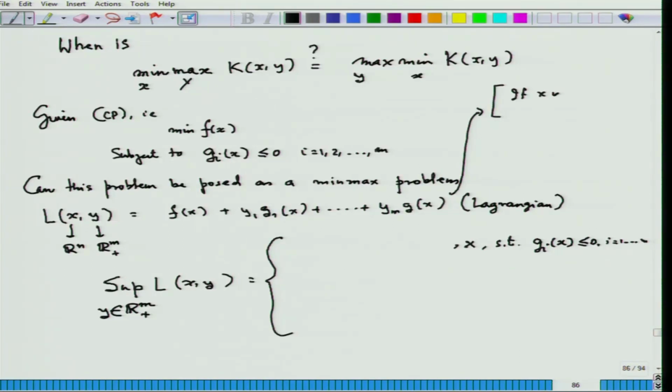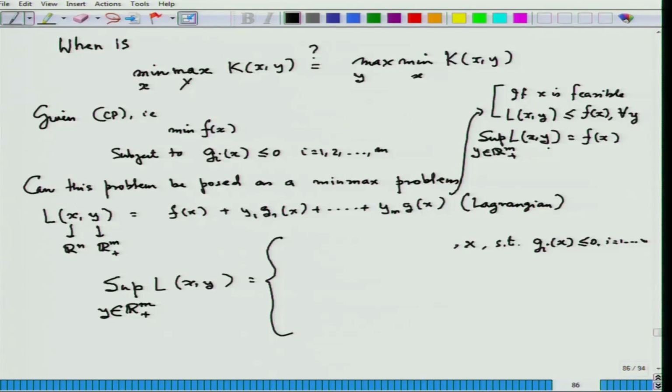If x is feasible, L(x, y) is less than or equal to f(x) for all y. Now, if I had chosen all the y_1, y_2, ..., y_m as zeros, then L(x, y) would be exactly equal to f(x). So f(x) is a value taken up here. So the supremum, in fact the maximum, of L(x, y) over y in R^m_+ is equal to f(x).